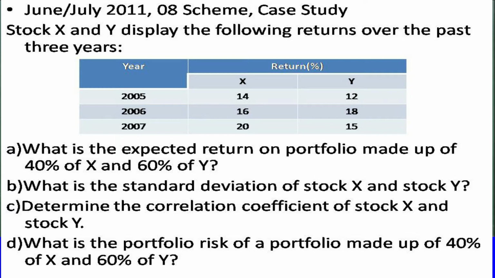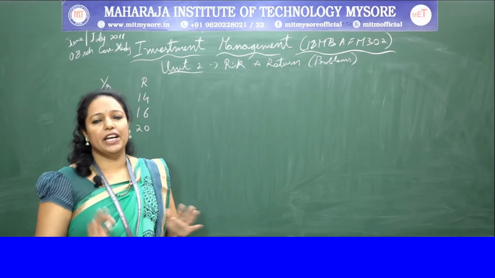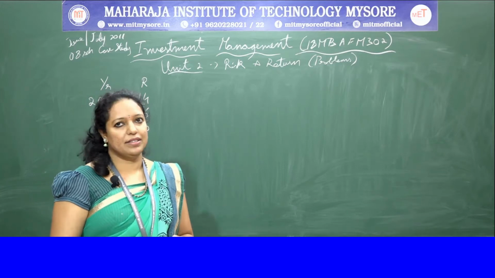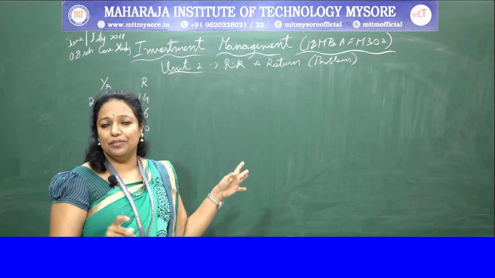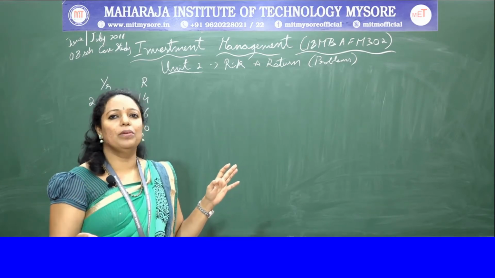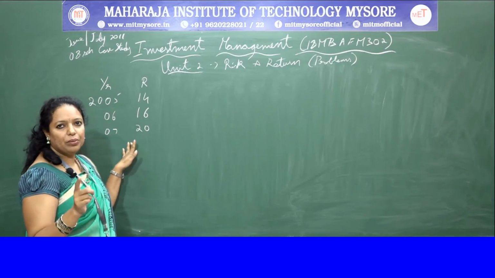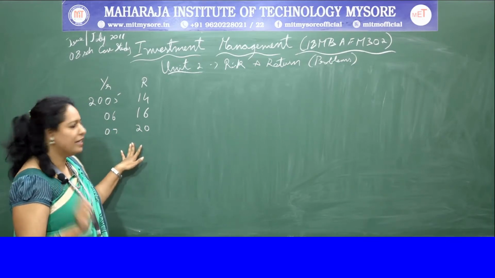They have given 2005, 2006 and 2007 and the returns 14, 16 and 20. First, you should be able to differentiate the problem as individual series or discrete series. If you are not able to differentiate, the whole problem goes wrong. As I have already told, they have not given probability, so it's an individual series problem.